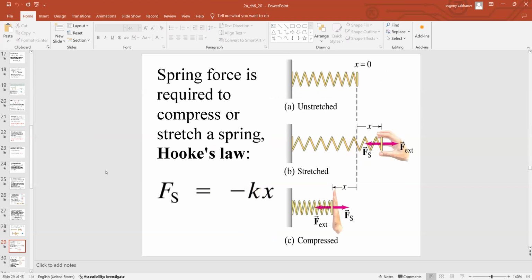How much of a spring force do we have? That is dictated by what we call Hooke's law. And the spring force is the negative K times X. K is the stiffness of the spring, or you can think about it as the coefficient of a spring. It's just a parameter of a spring itself.